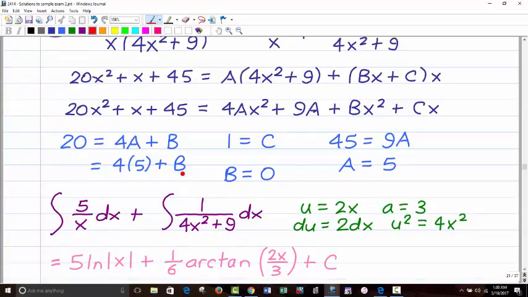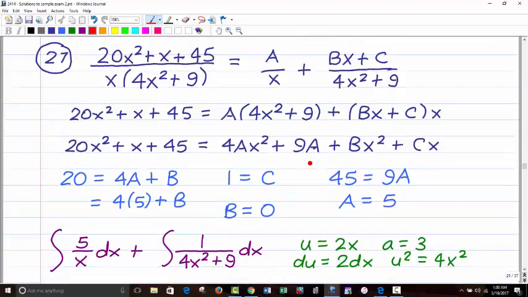And so now that we have a is 5, we can go back over here to 4a plus b equals 20. And if a is 5, 4 times 5 is 20 plus b, so b would have to be 0. And that can happen in these problems. When you have a bx plus c, you won't lose both unless it's a repeated quadratic.